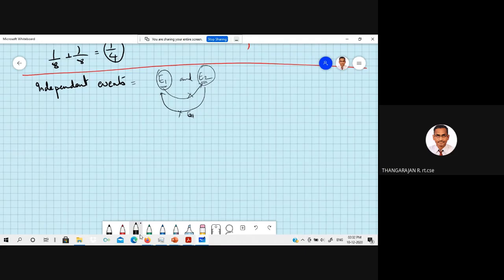So these two events, E1 and E2, are related. They are dependent, in one way: whether the match will be played or not depends upon whether it rains or not. So this is what is called dependent and independent events.